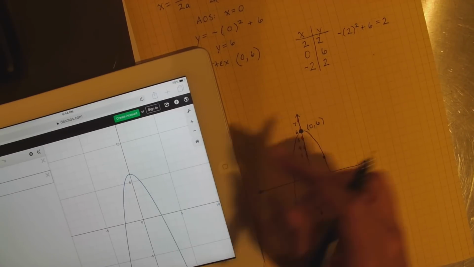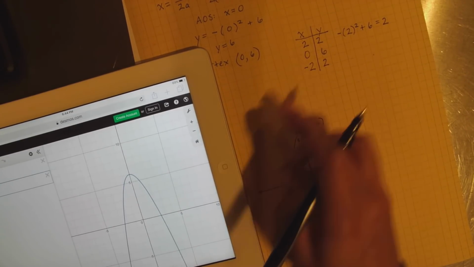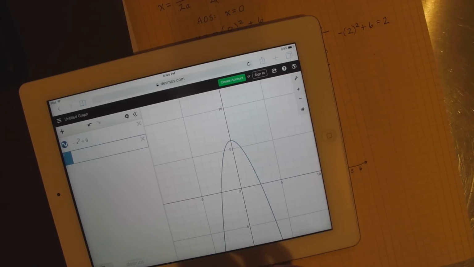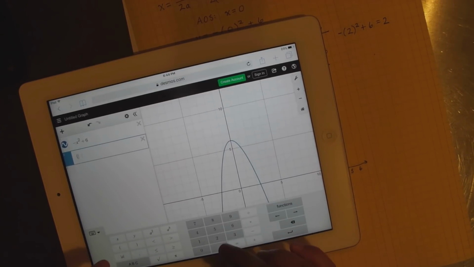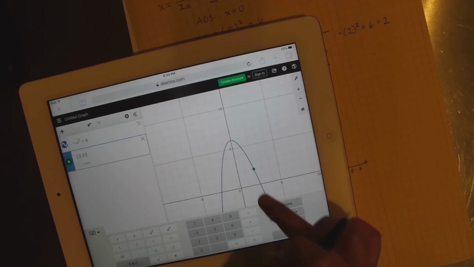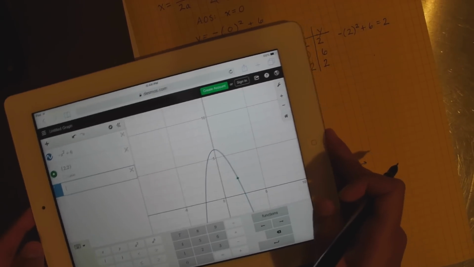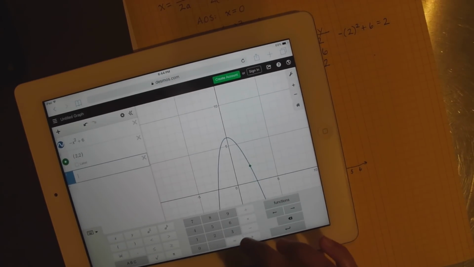Let's check the points that we chose here. I chose 2, 2, so I'm going to type in those points into here, 2, 2. And we see it lands on the graph. And how about the other point of negative 2, 2? So we have negative 2, 2.